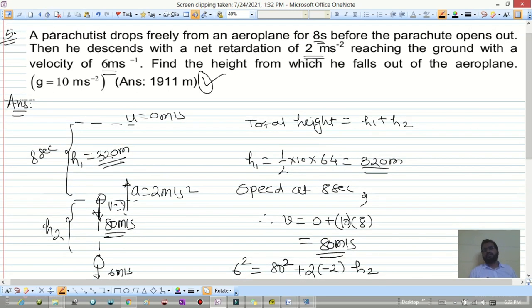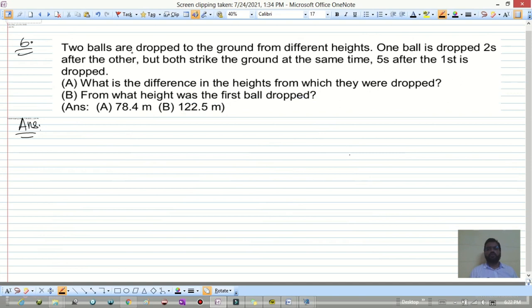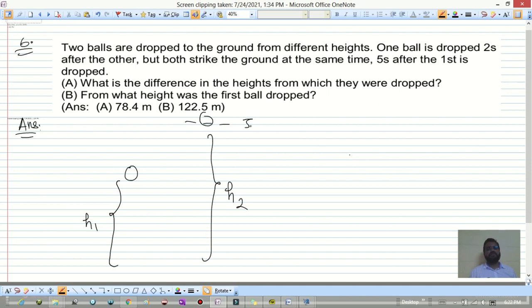Now the next question, the sixth question. Two balls are dropped to the ground from different heights. One ball is dropped 2 seconds after the other. So two balls are dropped from different heights, h1 and h2. This must be the first ball and this must be the second ball, so that these two balls will reach the ground at the same time.